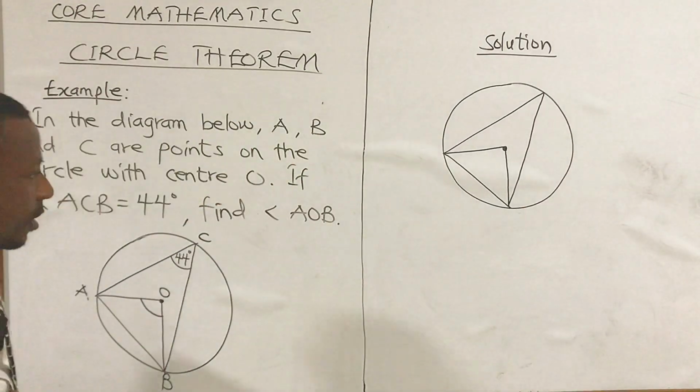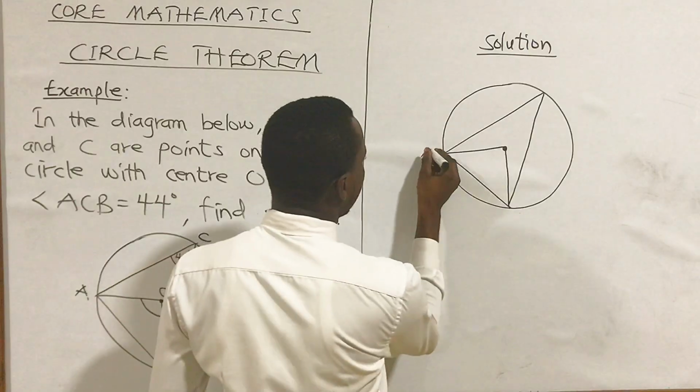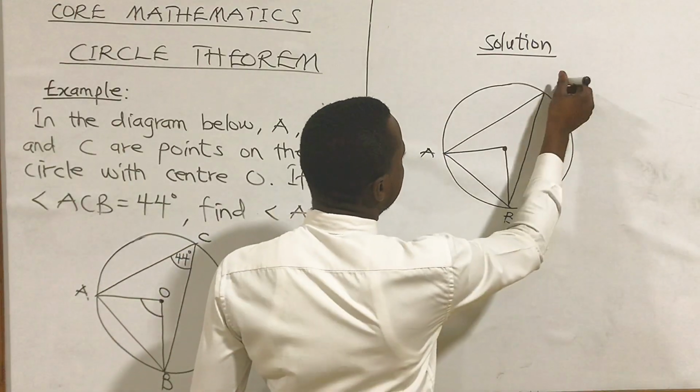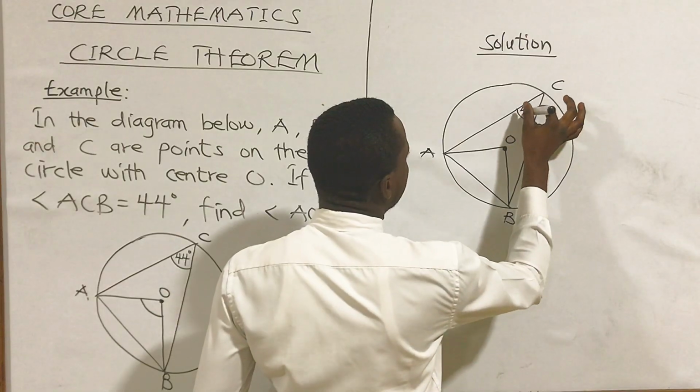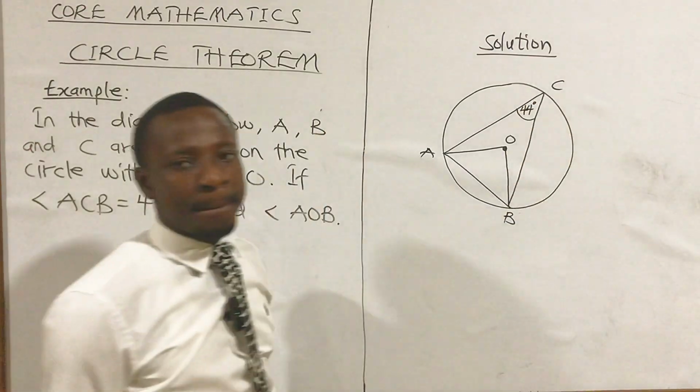All right. So we have here to be A, B, C, and then O. Then we have an angle here to be 44 degrees.